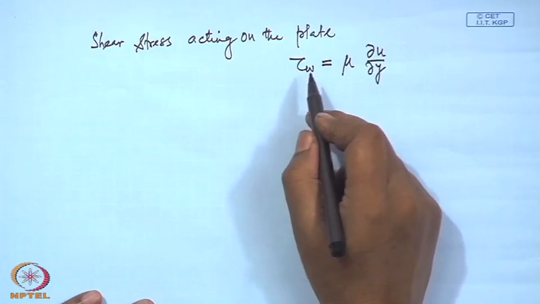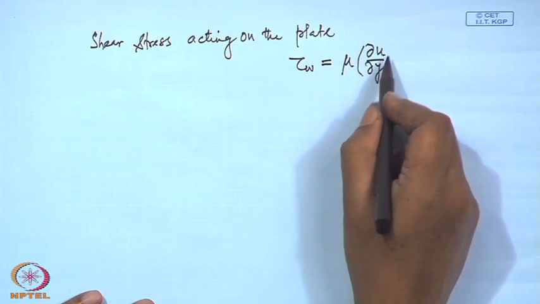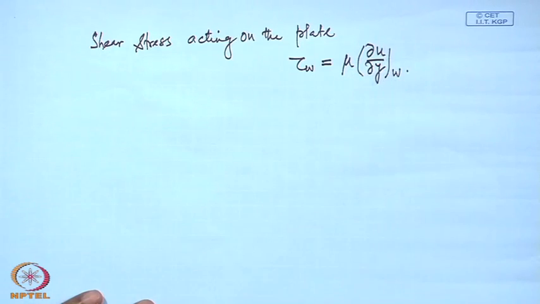That was of course for the general case. Now, you can simplify how much it is. You can check it and it will come simply as mu du dy. Since we are interested only in the shear stress on the wall, that is mu du dy at the wall, that is, the value of du dy at y equal to 0.